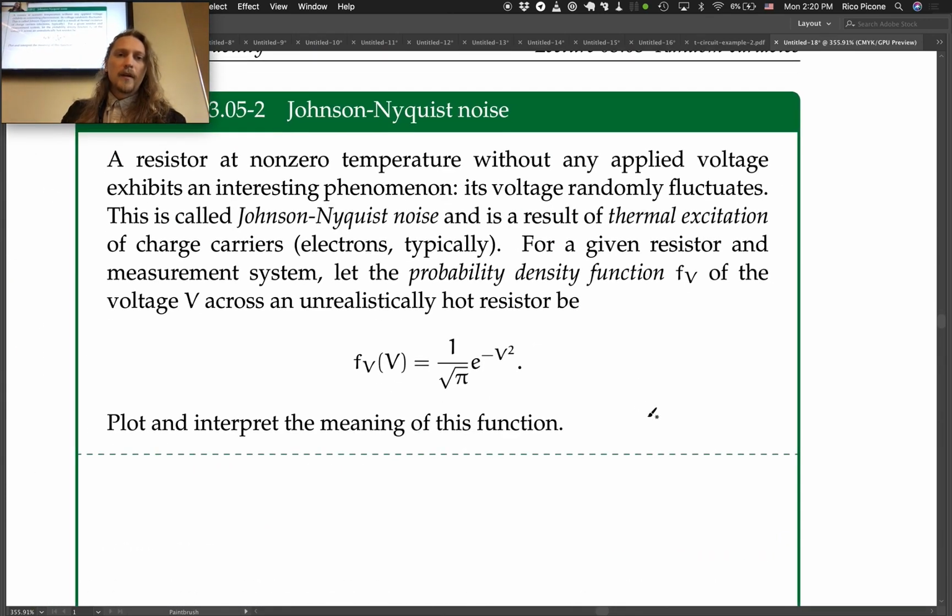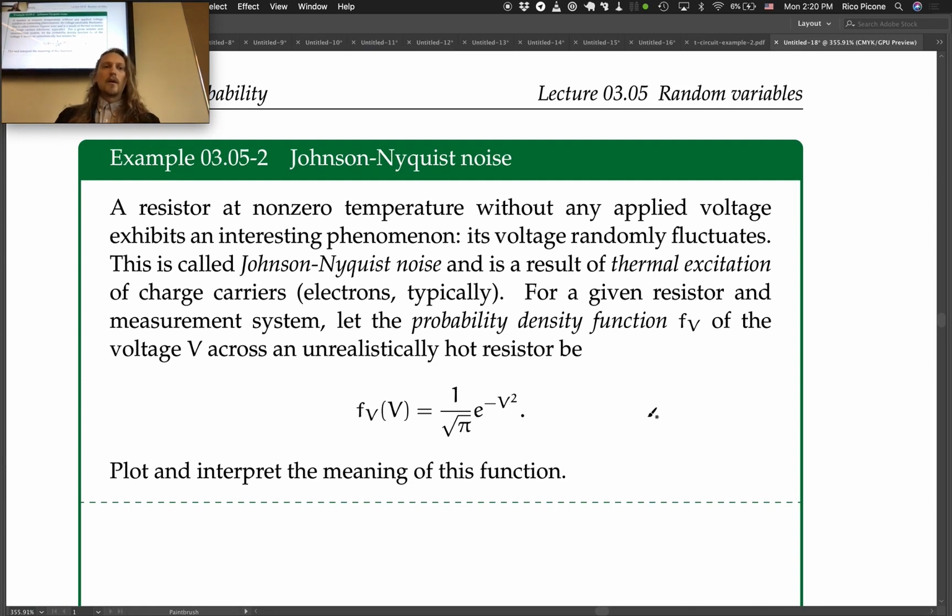Another example is the Johnson-Nyquist noise example. A resistor at non-zero temperature without any applied voltage exhibits an interesting phenomenon. Its voltage randomly fluctuates. This is called Johnson-Nyquist noise and is a result of thermal excitation of charge carriers, typically electrons.